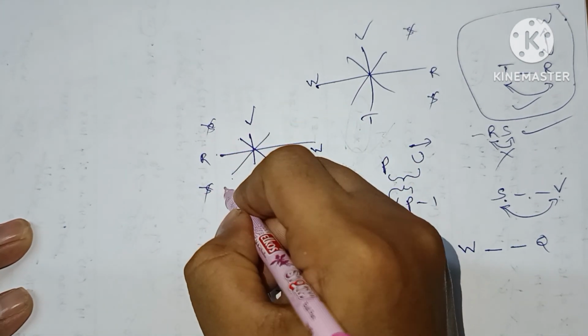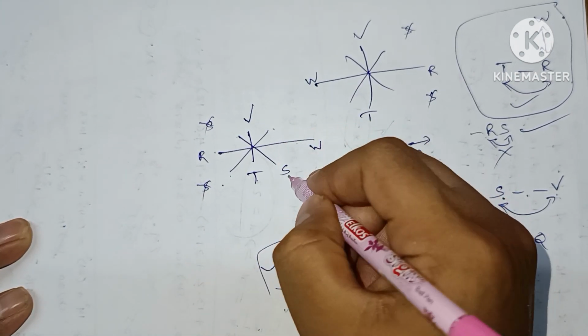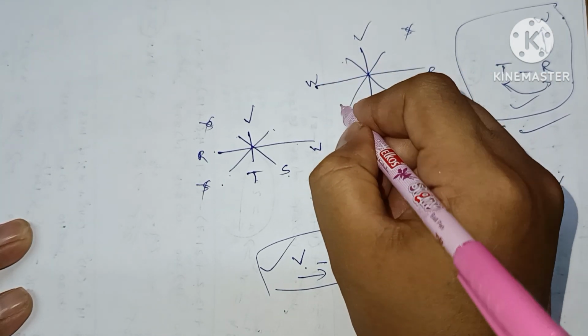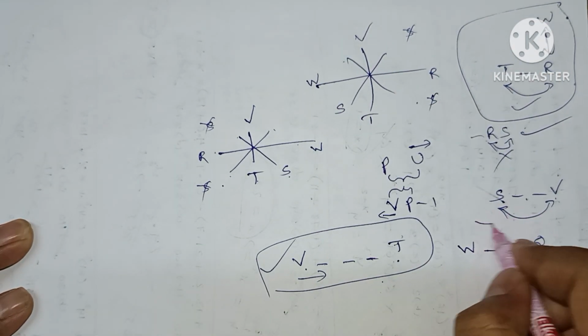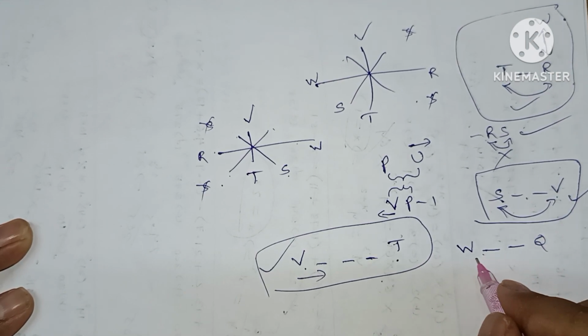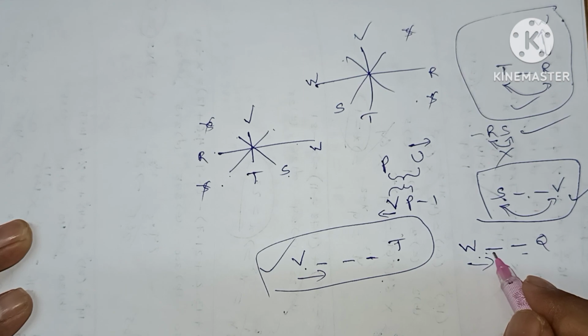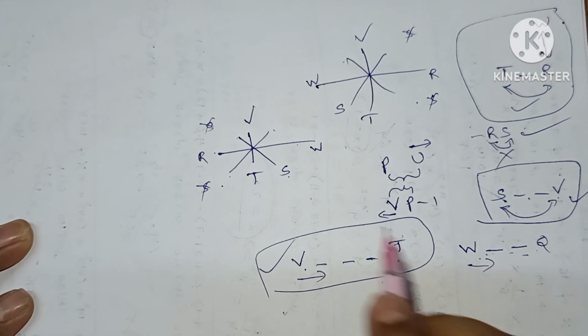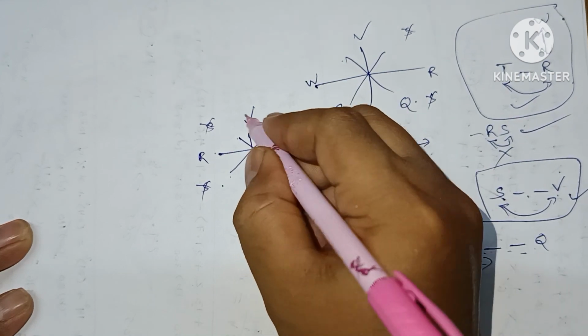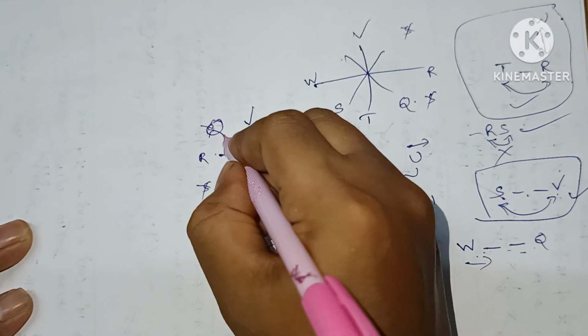We cannot place S here, so 1, 2, this is the place for S. This is also completed. W and Q. W right side 1, 2, third one is Q. 1, 2, this is the place for Q.